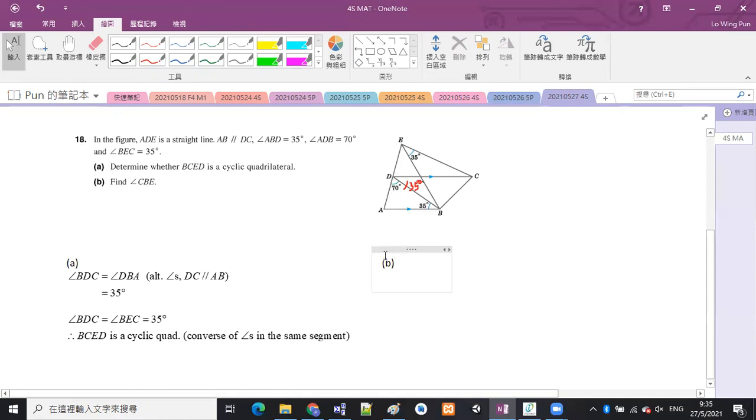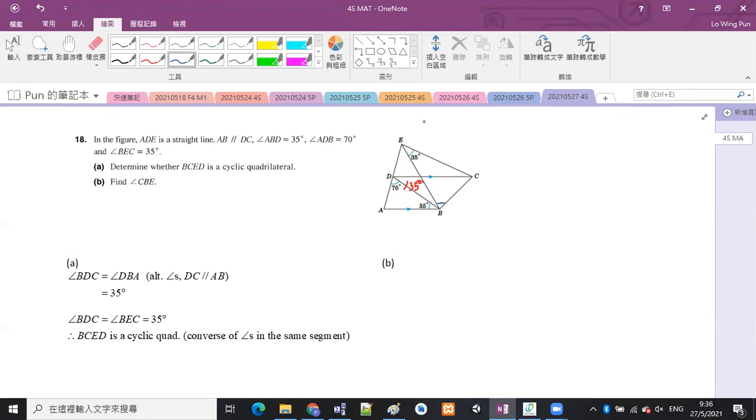Then part B. Find angle CBE. CBE is this one. Because we have already proved that BCED is a cyclic quadrilateral, angle CBE, the required angle, is one of the angles in the same segment.